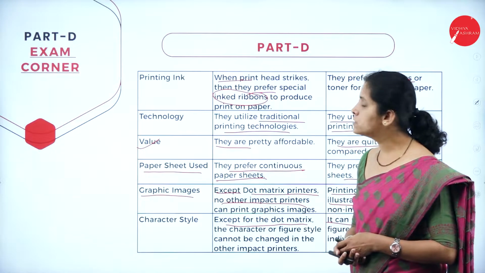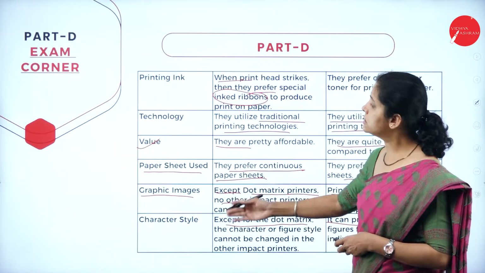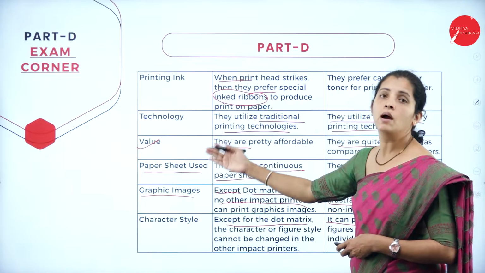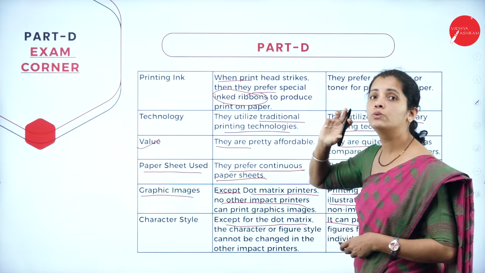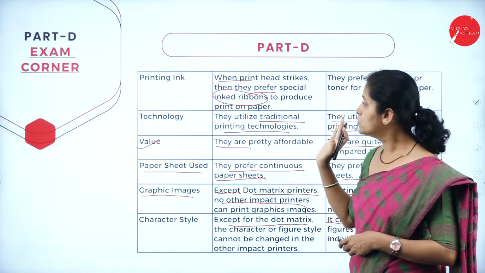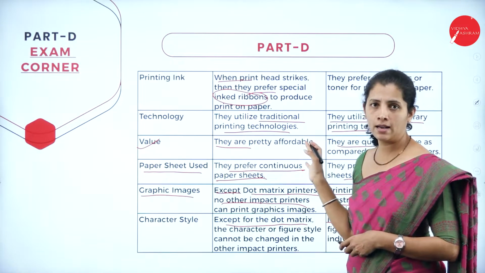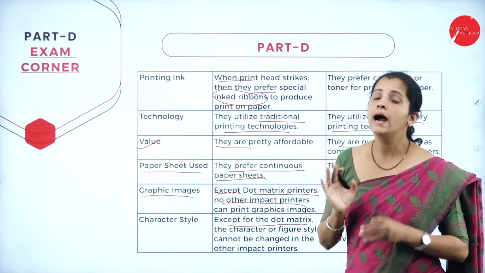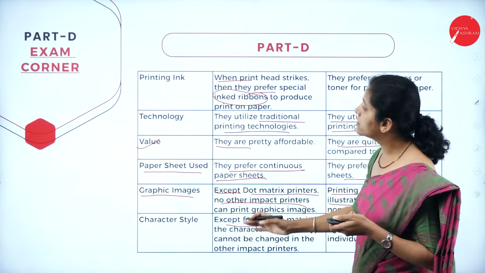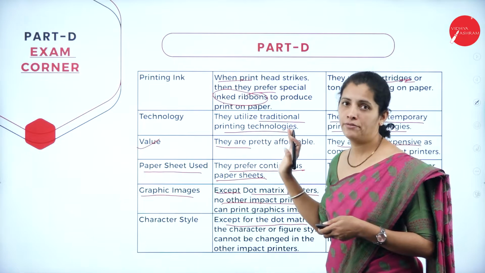So dear student, please note down, I have discussed many differences. But according to the question and the marks, you need to write the answer. It carries only 5 marks. For that reason, write any 5 differences, it is left to you.